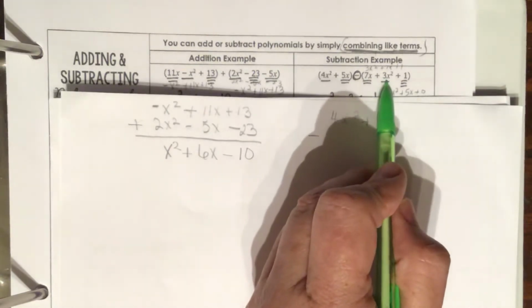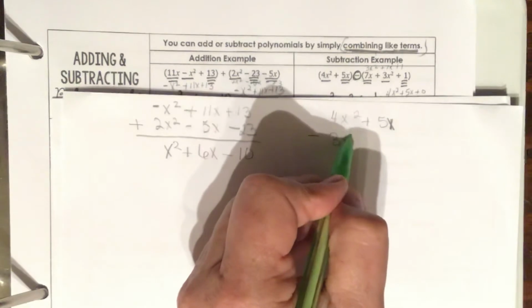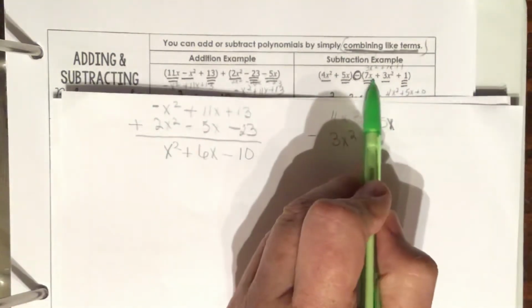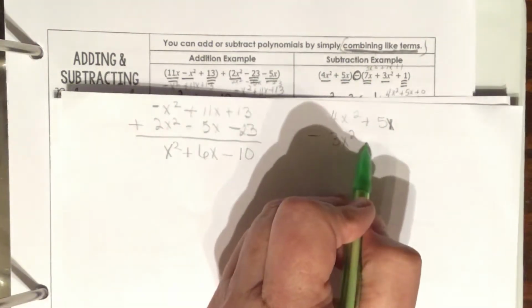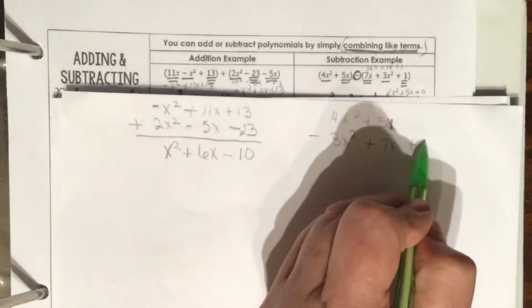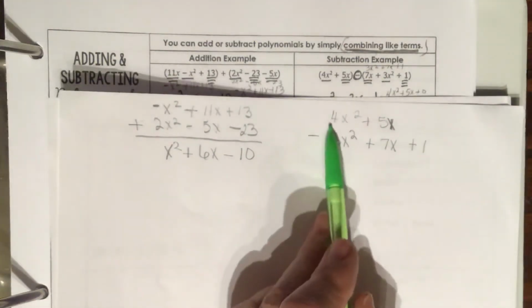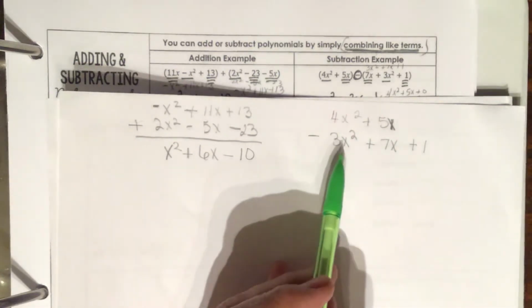Here you have a 3x squared, so that has to come first. 3x squared, and it's positive. Then you have a 7x, plus a 1. So you need to make sure you have 3 terms on the bottom and 1 term on the top.